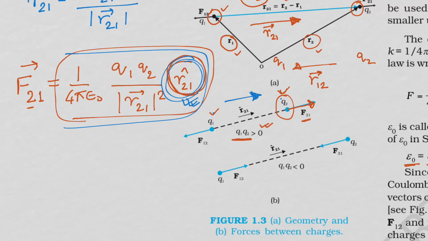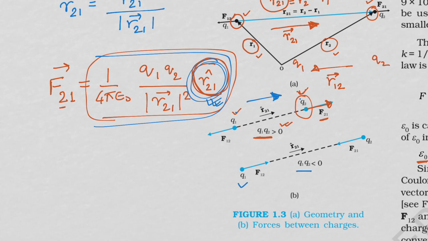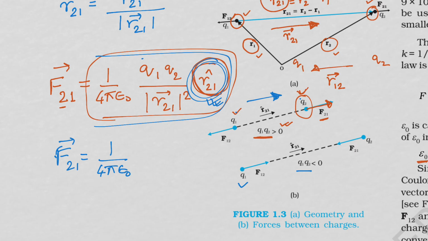Suppose the charges are unlike charges, like one is positive, one is negative, then what will happen? The product q1 q2 will become negative. So F21 will become 1 by 4 pi epsilon naught, minus q1 q2, and the same thing written, and the vector will also be the same.